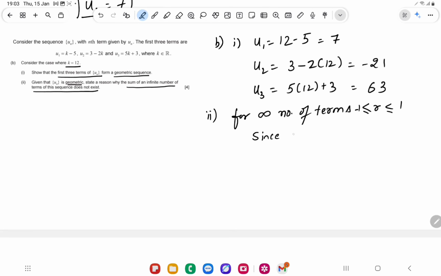But since here you can see that your R value is greater than 1, we can say that it is not convergent. Since it is not convergent, the sum of an infinite number of terms of this sequence does not exist.